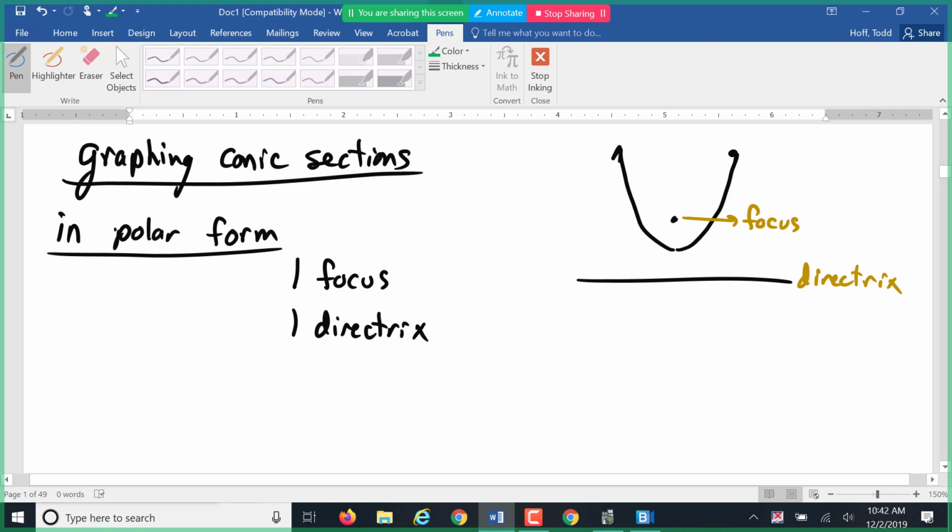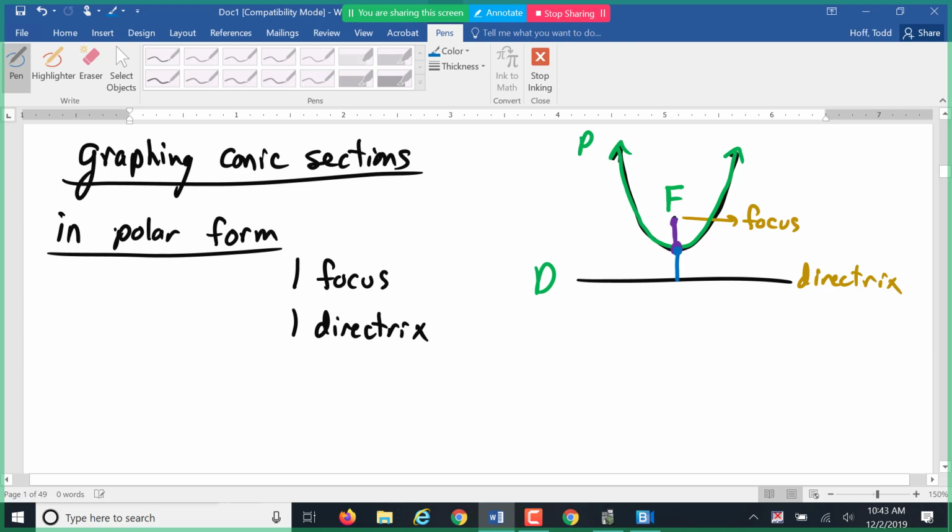Every point on this curve, in this case, the curve of a parabola, I'm going to label those points P. I'm going to label the focus point F and the point on the directrix point D. If I pick a point on that conic section, on that curve, there is a distance from that point to the focus and a distance from that point to the directrix.